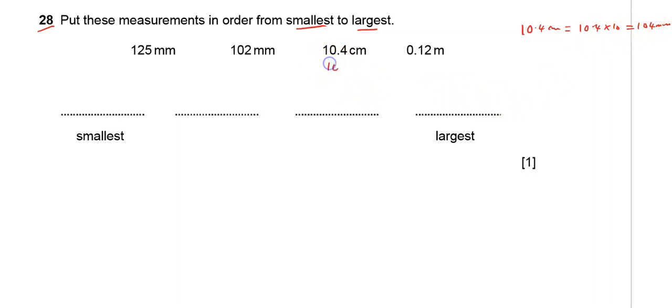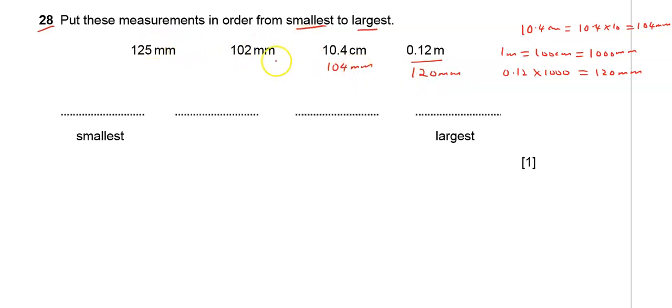What about meters? 1 meter has got 100 centimeters, and 1 centimeter is 10 millimeters, and therefore 1 meter is 1,000 millimeters. So 0.12 times 1,000 gives us 120 millimeters.